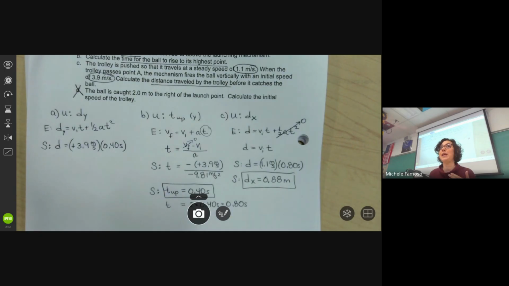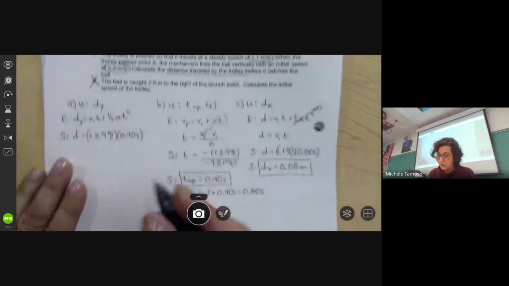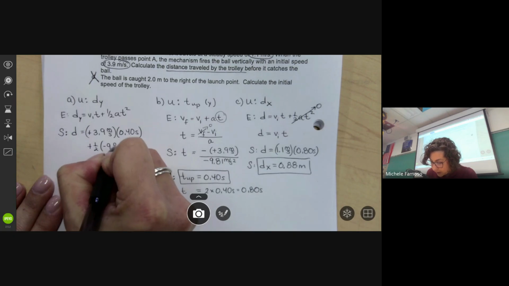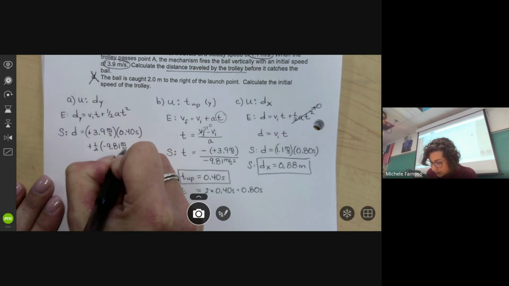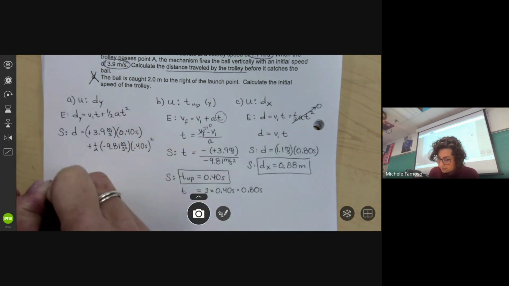If you do it with 0.8, guess what your answer is going to be? 0. You're going to get a 0 displacement, which means it started on the ground and landed on the ground. It doesn't tell you how high up it goes because of the total time it's back on the ground. No displacement. Plus 1/2 of negative 9.81 meters per second squared times the 0.40 seconds, which we need to square.